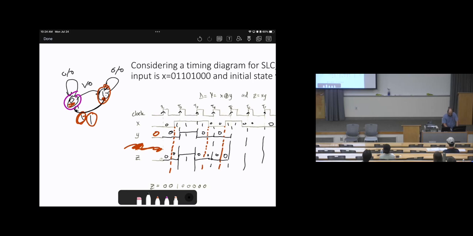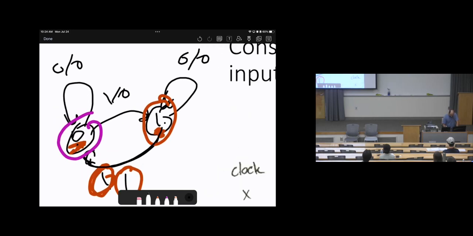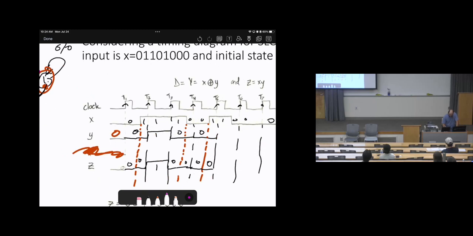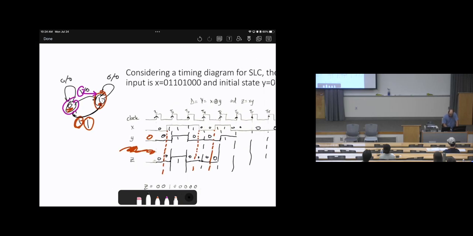Then the input is 1, we are at state 0, so we will go to state 1. So the state will move to 1. What will happen to the outputs? We are at state 1.